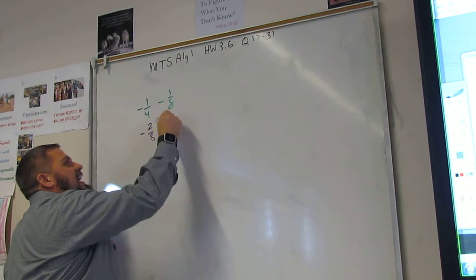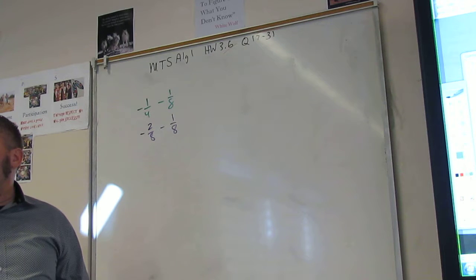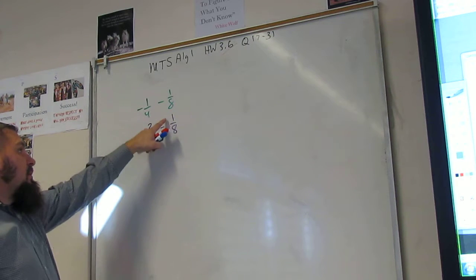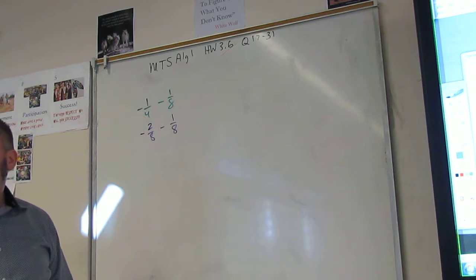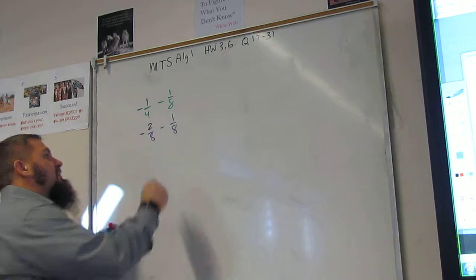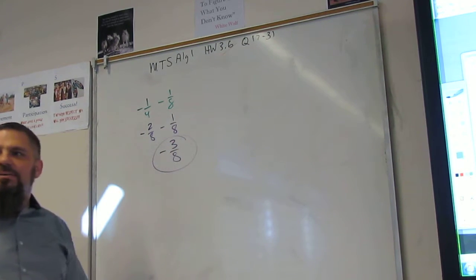Then I'm going to subtract 1/8. So I need 2/8 and I need 1 more eighth. I'm going to need 3/8. So negative 3/8. That's our first term.